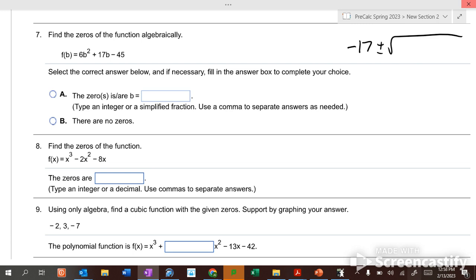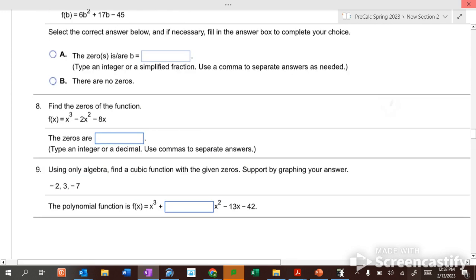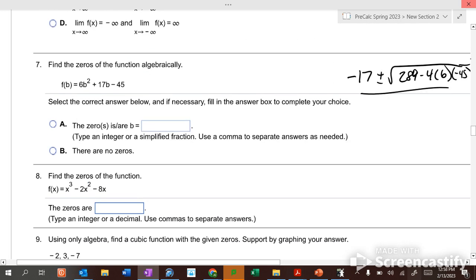What is 17 squared? 289? Minus 4AC all over 2A. So it's 289 plus 4 times 6 times 45, whatever that is.